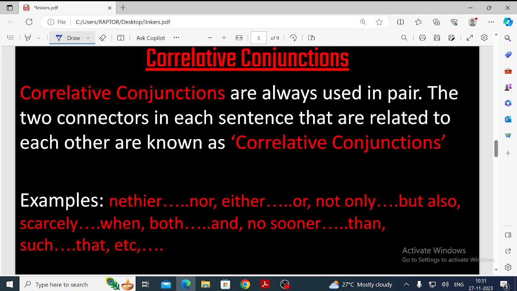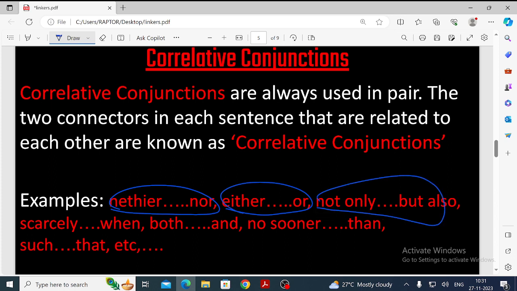Correlating conjunctions are always used in pairs, like neither nor, either or, not only but also. And then negative words like scarcely, when, both and, no sooner than, such that. So these are the very few correlating conjunctions. So correlating conjunctions are always used in pairs.